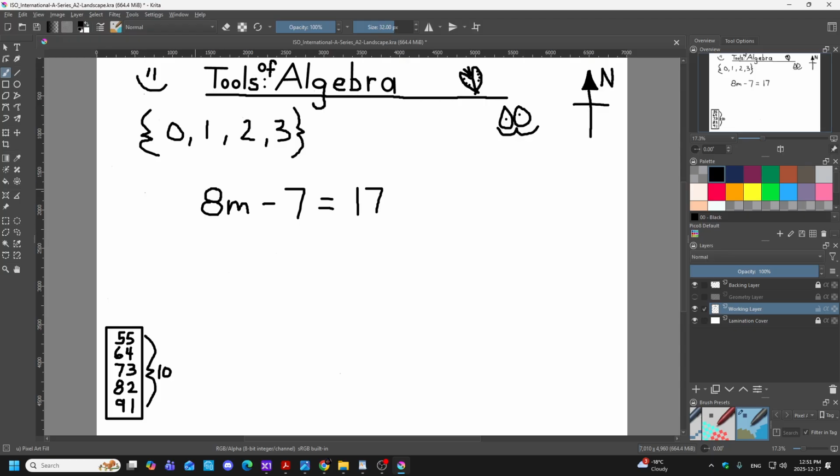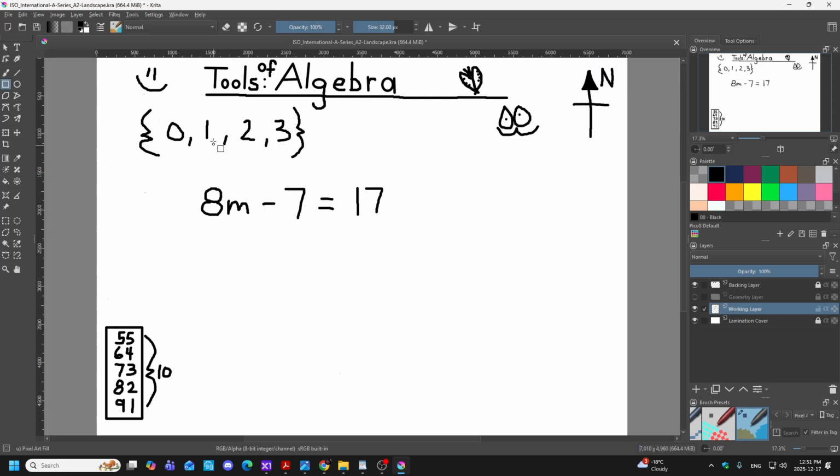If I substitute 0 for m, I get 0, because any value multiplied by 0 is 0. I have a minus 7. Negative 7 is not equal to 17, so it's not 0.